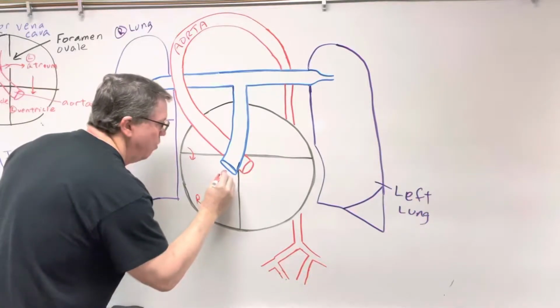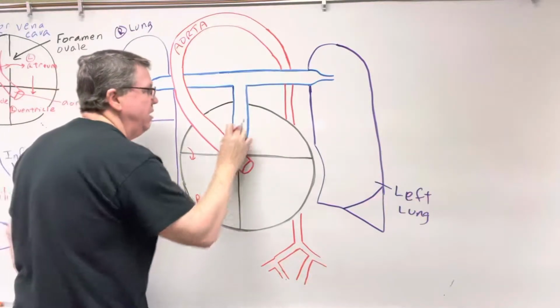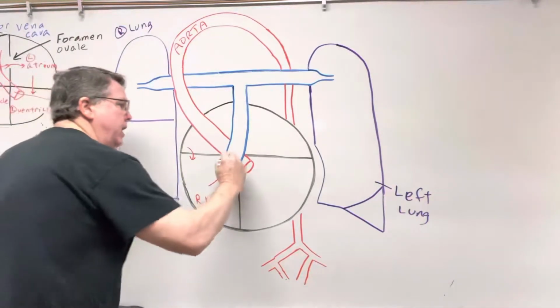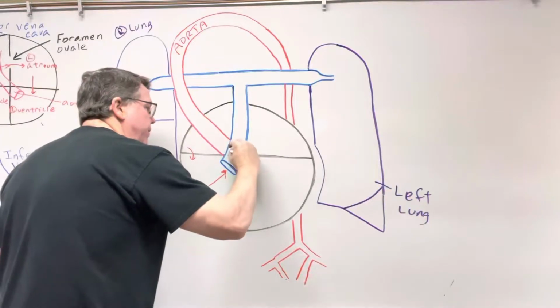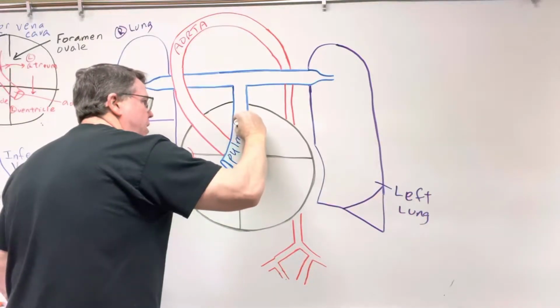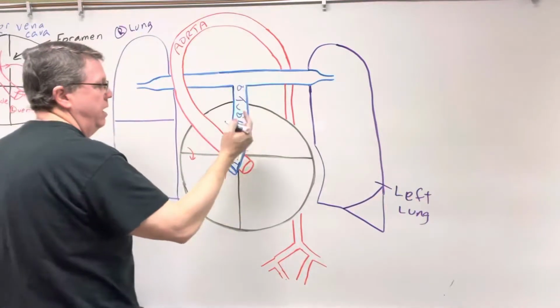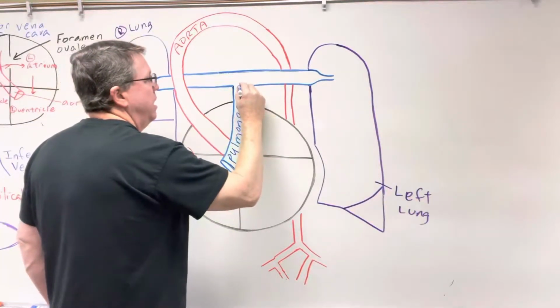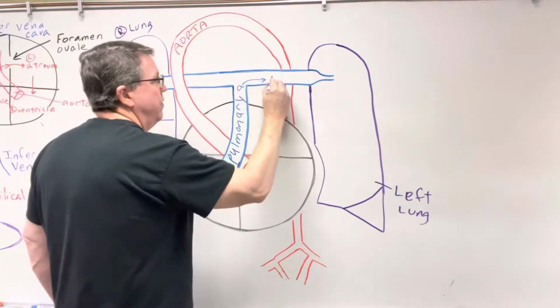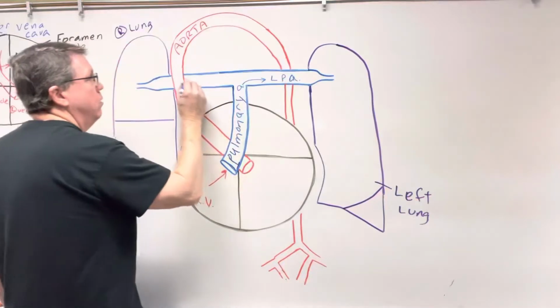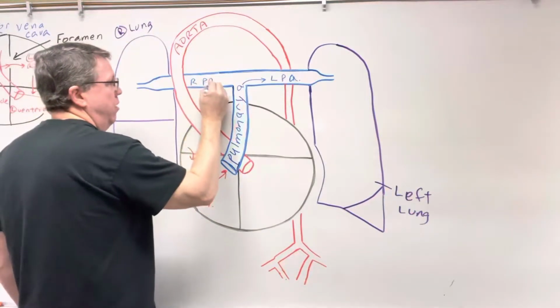That blood now, when the heart beats, is going to go into this right here. And this is going to be my pulmonary artery. And remember, pulmonary means basically it's the lungs. So there's my pulmonary artery. And now that blood can go into the left pulmonary artery, or it can go into the right pulmonary artery.